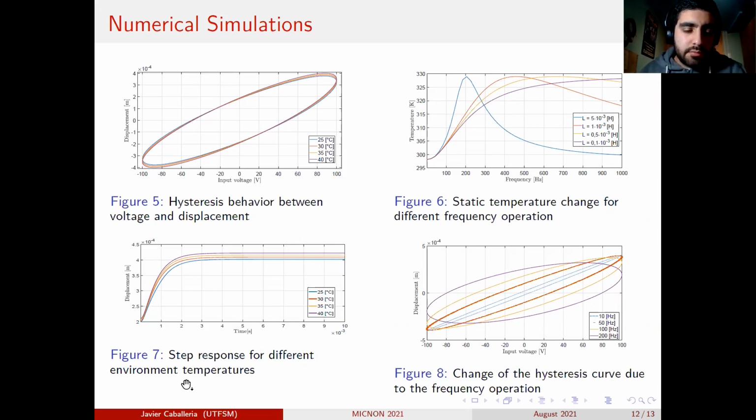In figure number 7, we have the step response for different environment temperatures, and we can see that if we increase the external temperature, we get a bigger offset in this step response. And finally, in figure number 8, we see the hysteresis curve for different frequency operations. If we increase the frequency, the hysteresis curve gets wider and its slope decreases.